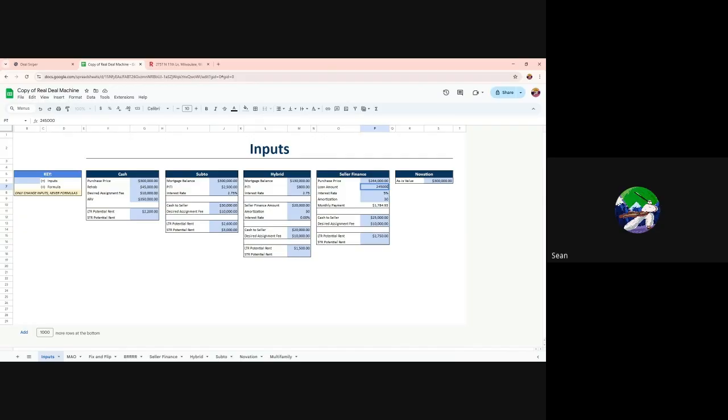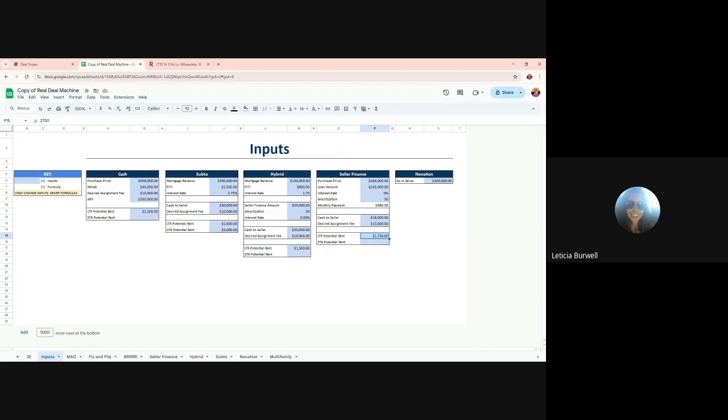And then cash to seller or the down payment? It's 18,480, but you want us to clean those numbers up. Absolutely. Should we do 18,500 or just 18,000? I would just do 18,000 even. And then the monthly payment seems awfully low.